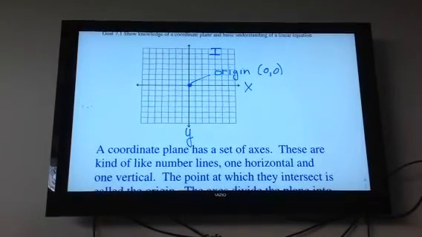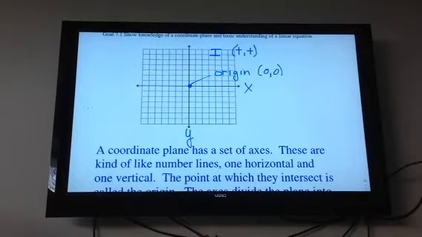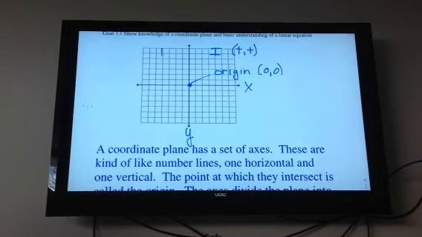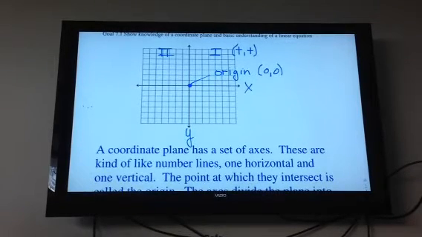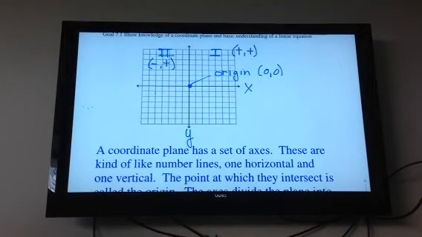And in quadrant 1, my values for my x's and my y's are both positives. My x's are positives and my y's are positive. And then we work around counterclockwise. So quadrant 2, we go to the left. And in quadrant 2, my x's are now negative, my y's are still positive. Keep going around, quadrant 3.